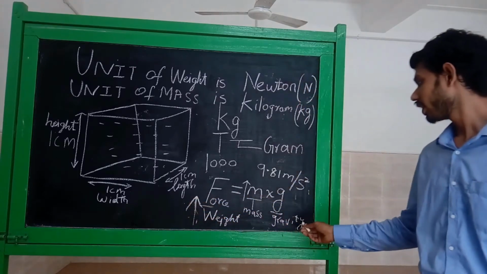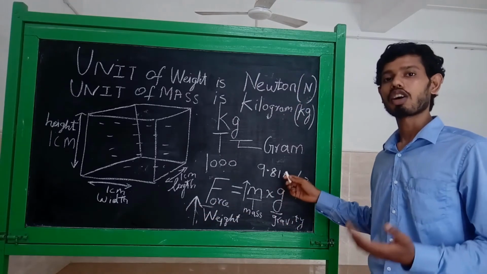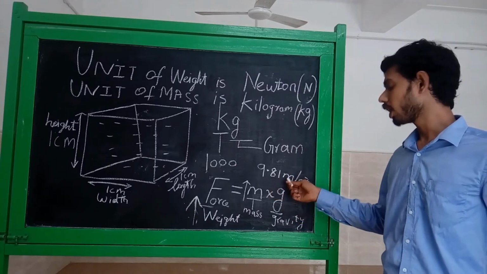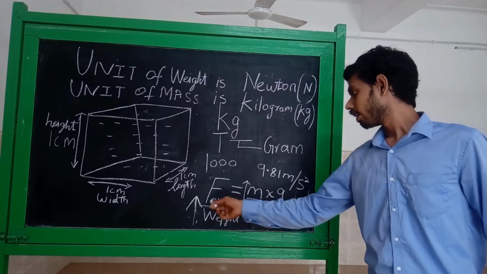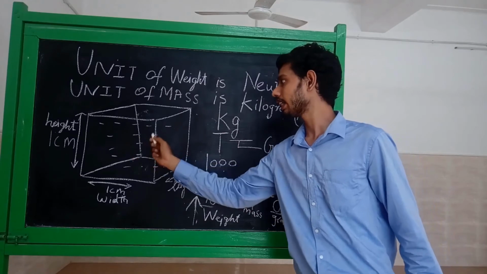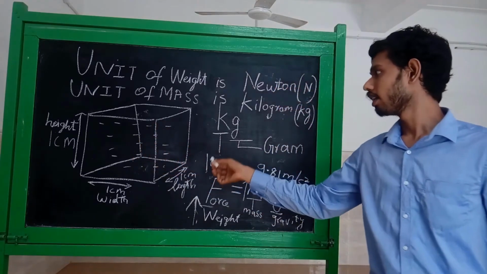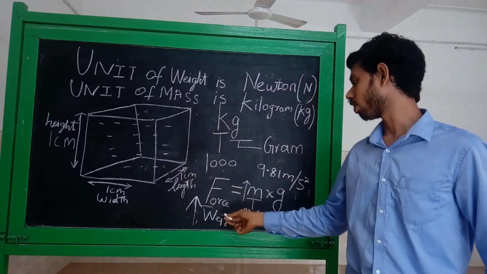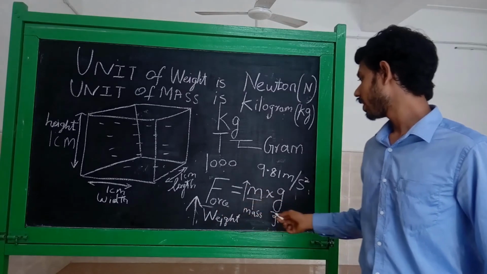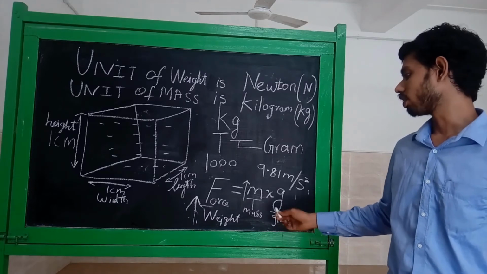On Earth, the value of gravitational pull is more or less constant, that is 9.81 meters per second square. If we want to calculate mass, we don't need to count each and every particle inside this object. Instead, we can measure the weight of this object and then we can easily calculate the mass of this object by using the gravitational constant.